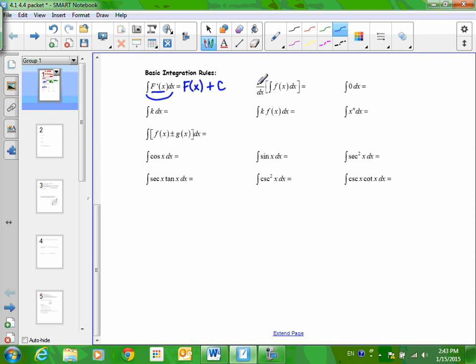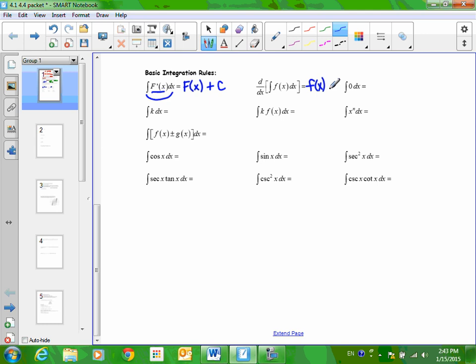So we look at this next thing, and it seems like the same thing is happening. I have a derivative, and I have an antiderivative, and they're going to cancel each other out, and I'm going to be left with, in this case, a lowercase f. I'm not picking lowercase versus capital. I'm using what they have here. I don't need a plus c here. What's the last thing being done to this function?